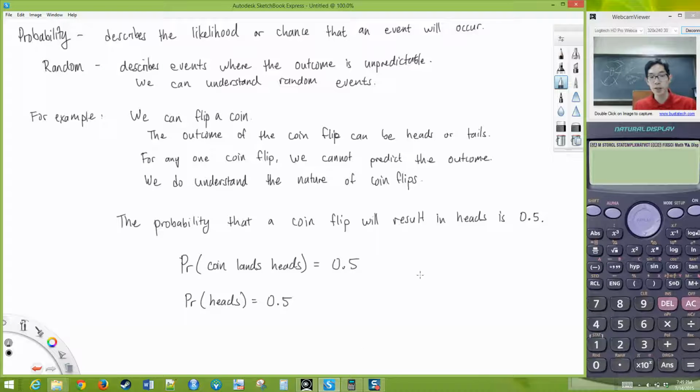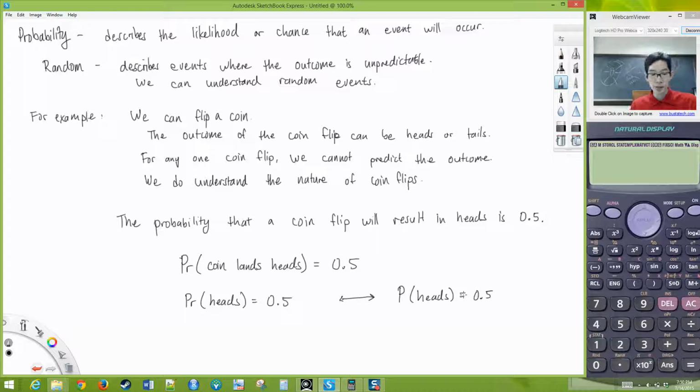Now sometimes we leave off the R, and so these are also equivalent. If you leave out the R, you can just write the shorthand. So this is just symbolically what we are writing here. The probability that a coin flip will result in heads is 0.5, and we're just doing this shorthand. Is that all right with everybody?